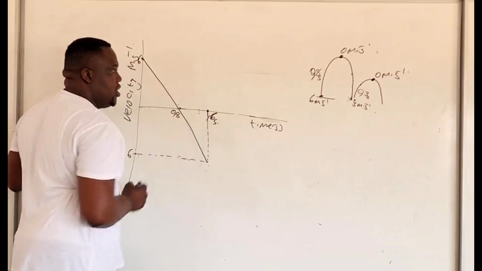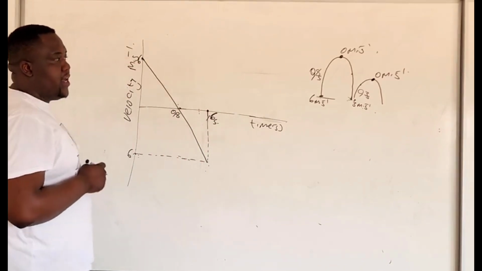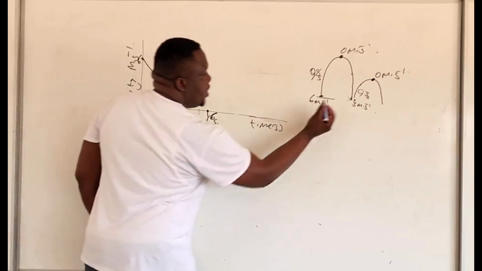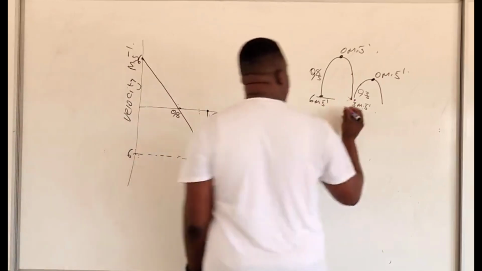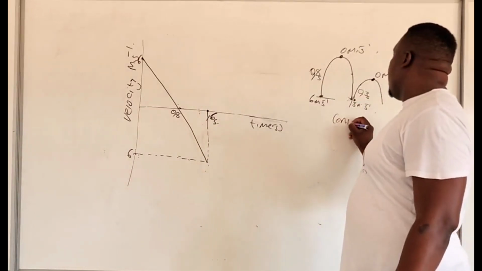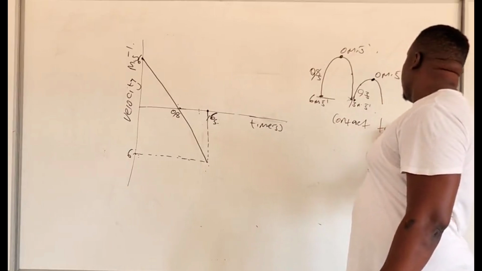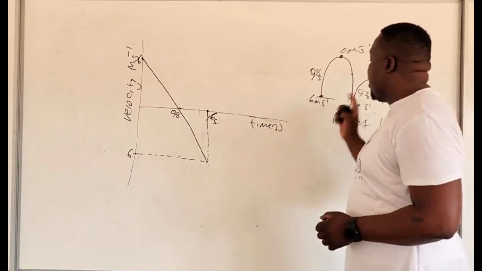It will return to its original position. Okay. Then look at it. There is a space between the two. You see, this space is what we call contact time. Let me also try to expound more on this.